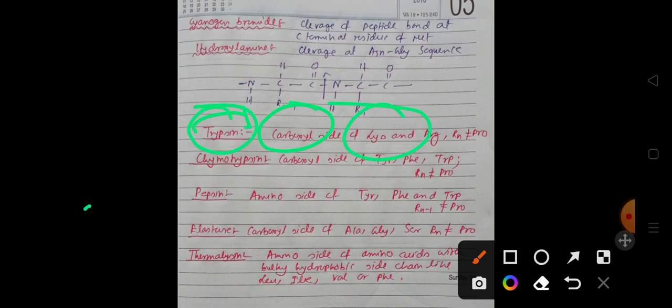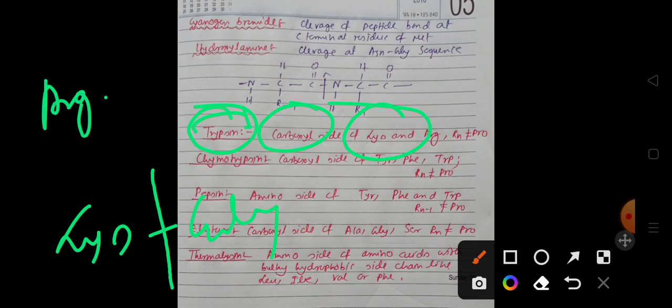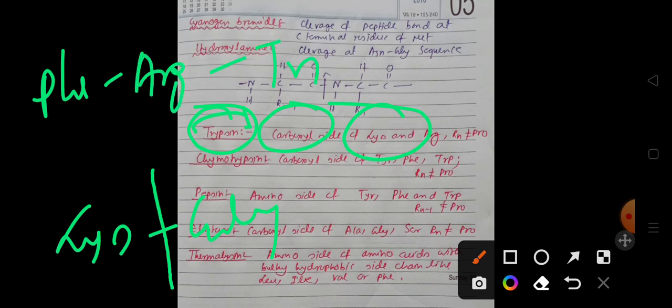For example, let's say there is a dipeptide of lysine and glycine, so trypsin will cleave here. Similarly, let's say phenylalanine, arginine, tryptophan, then proline. Trypsin will cleave after arginine here. But if proline is present next, then it will not, right?